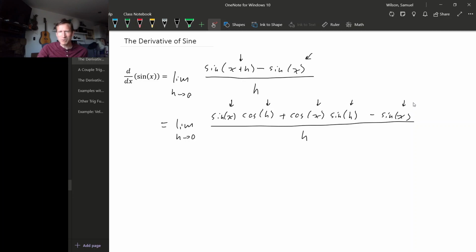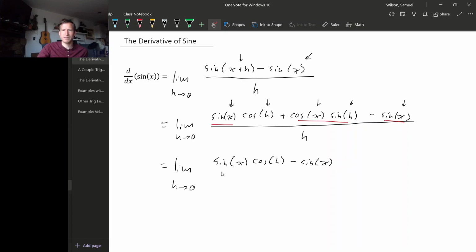So now maybe what we could do is start grouping things, because we have two pieces that have sine of x here, and we have only one piece that has cosine of x. So let's group the pieces that have sine of x. So limit as h goes to 0. The pieces with sine of x are sine of x times cosine h and minus sine of x.